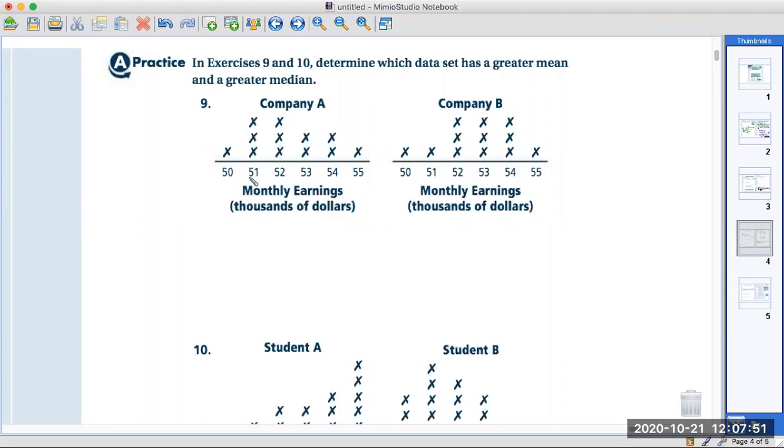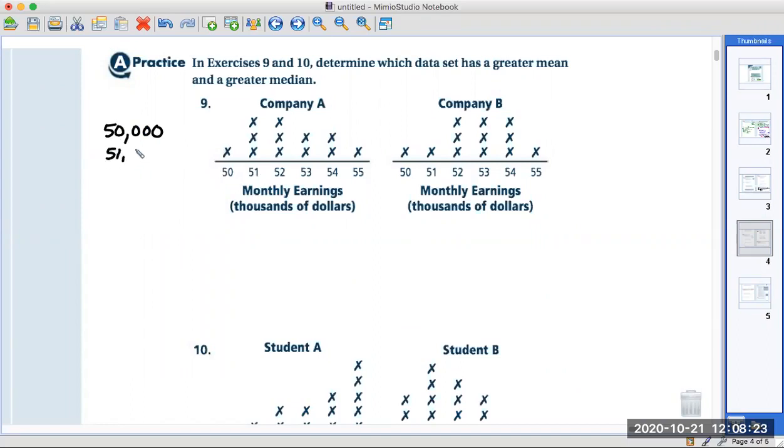So 50,000, no, wait, monthly in thousands, 50,000. That's weird. That's a lot. I don't think that's monthly. I bet that's yearly. Because if it's in thousands, then you would add 3 zeros. That would make it 51,000.